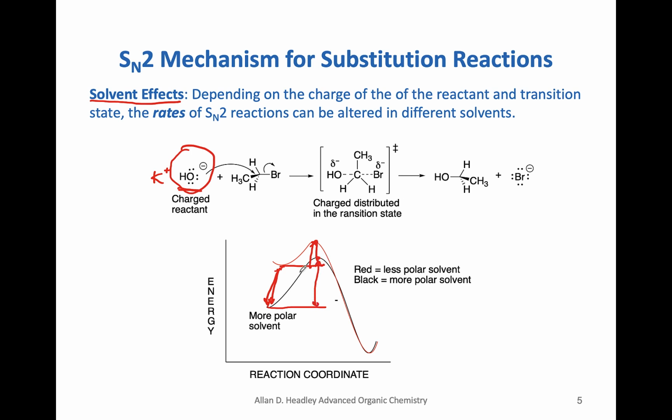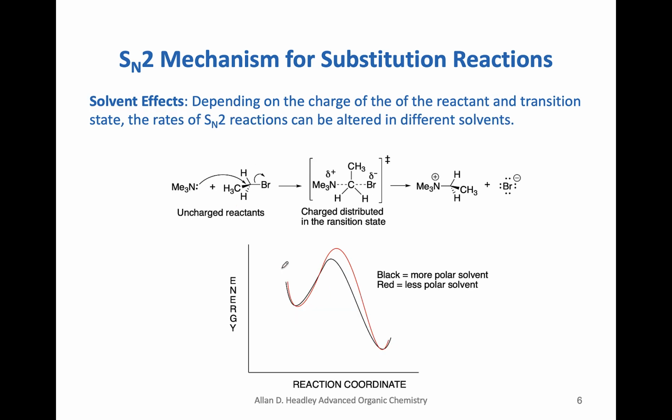You can see that's much higher than in a less polar solvent, so you would expect the rate of this reaction to be slower in a more polar solvent compared to a less polar solvent, as shown here in red, because we're just looking at the energy of activation.